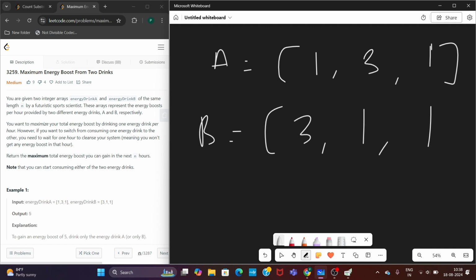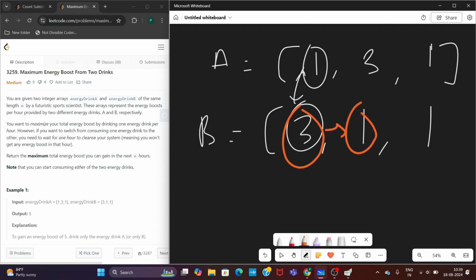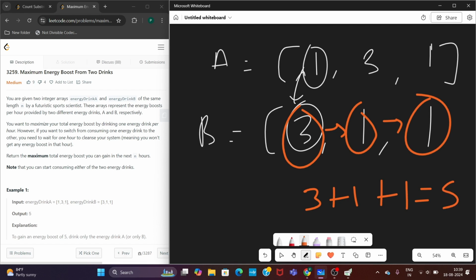In this case, first, the maximum energy boost you can gain over here, as you are seeing, is 1 and 3. So which is the maximum? The maximum is 3 over here. So basically we have added 3. Then moving forward 1. Then again moving forward 1. So which is 3 plus 1 plus 1, which is 5.